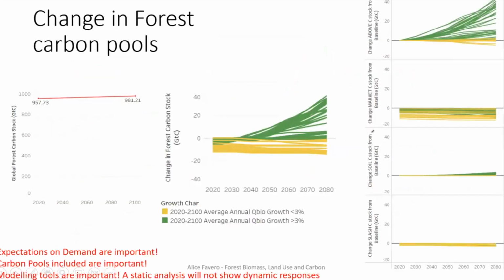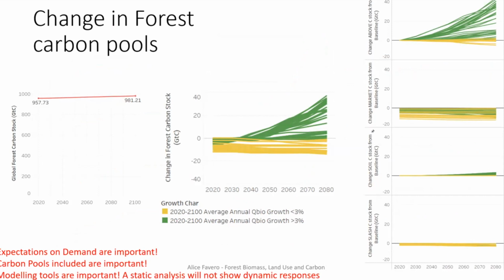So let me move to the final result that I really want to show you. What are the effects of this new demand on forest carbon? So you have the baseline case with a slight increase in stock just because of the increase in demand for timber products. What we have in a case where we introduce the new demand of bioenergy is a very different effect depending on the demand pathways.